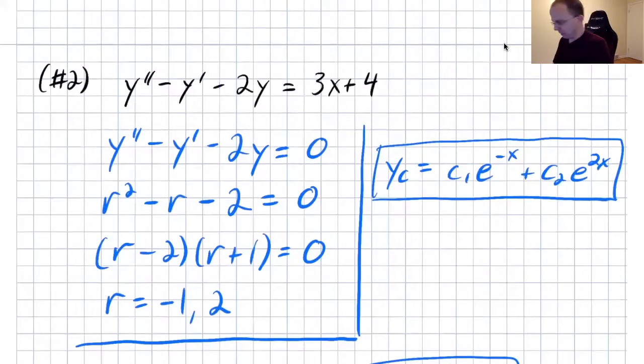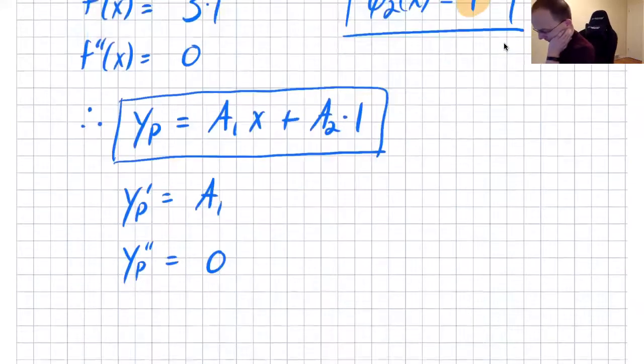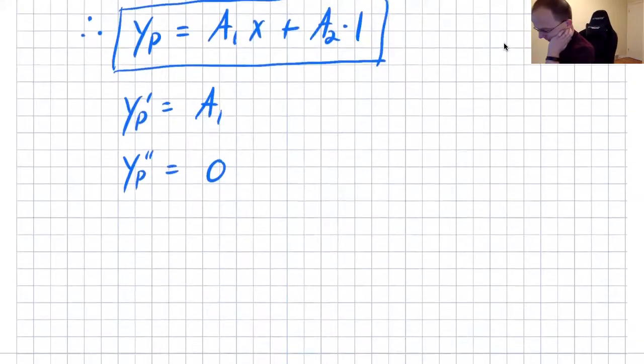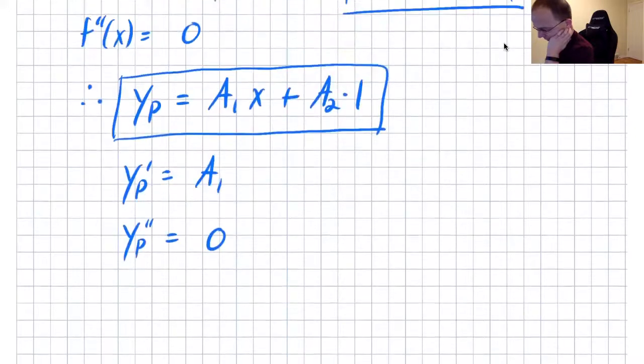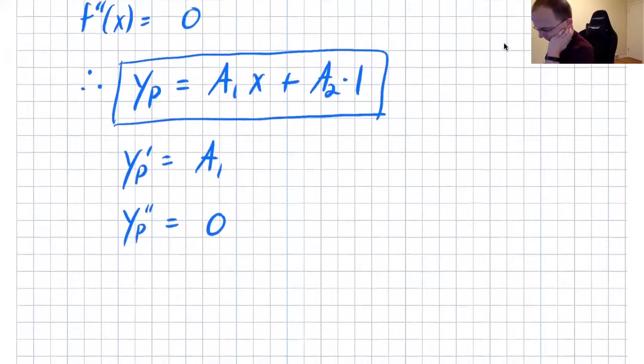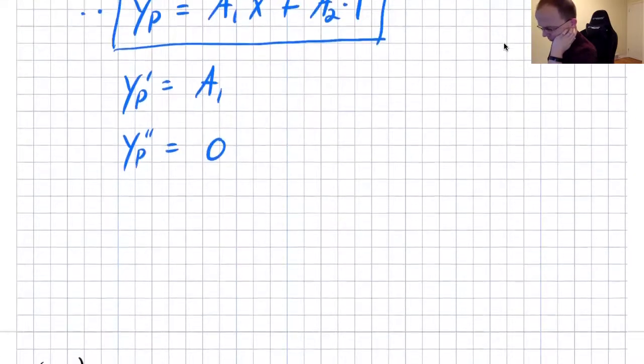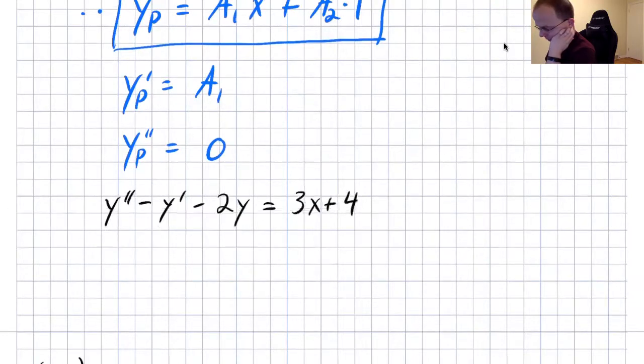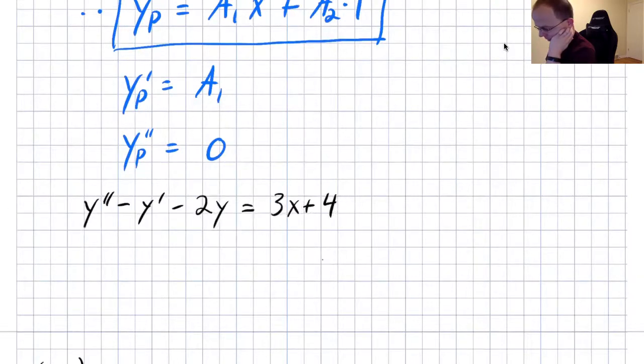So I'll copy this and I will put it, let's see, maybe I've got as much room as I need really. So why don't I put it here? If I need more space, I can just add another page.